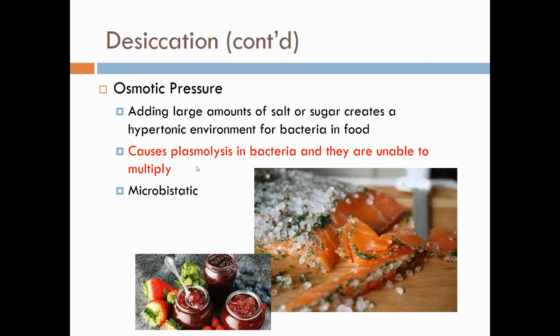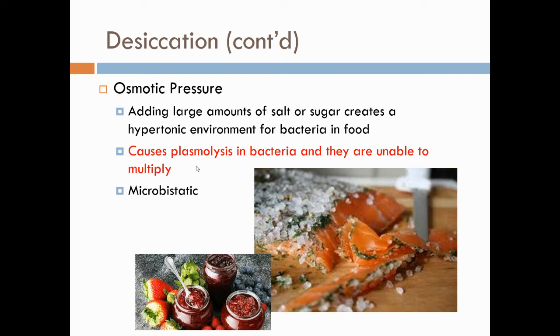As the water is removed from that bacterial cell, the peptidoglycan is a physical structure. It's not metabolically active itself. It's just a physical structure giving the bacteria shape. So it will retain its shape, but inside, as that water leaves, the plasma membrane pulls away from that wall and shrivels in. That's plasmolysis.